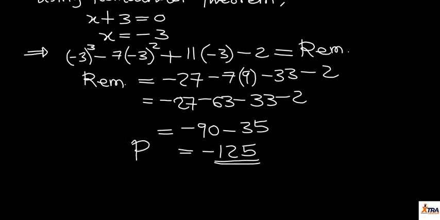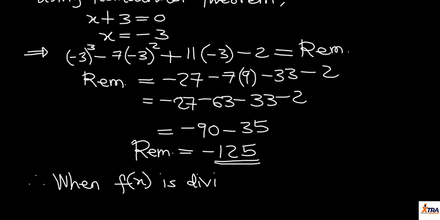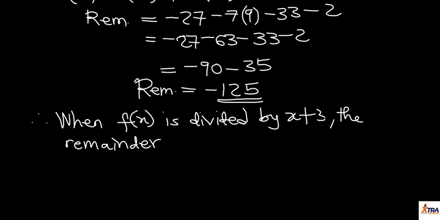So this will be the remainder when the divisor is x plus 3. Therefore, when f of x is divided by x plus 3, the remainder gotten is minus 125.